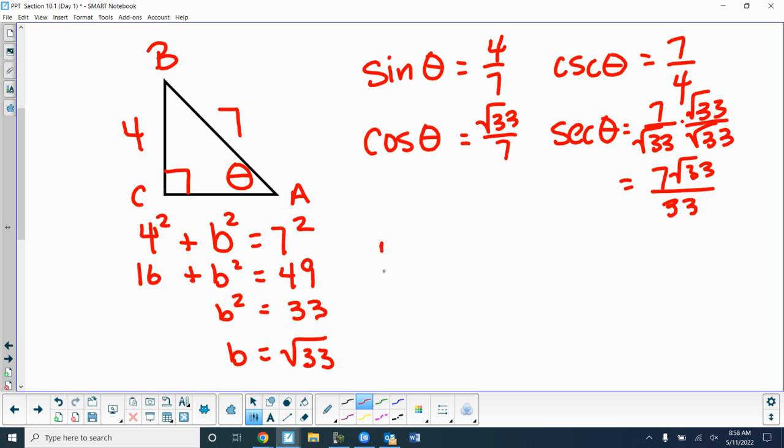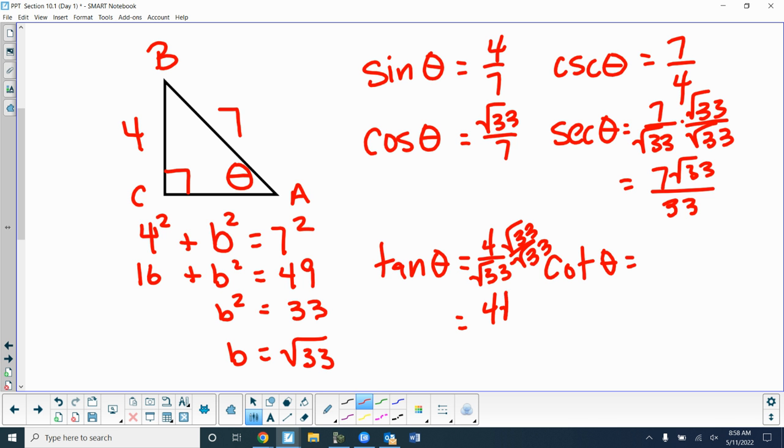And then tangent is opposite 4 over adjacent square root of 33. Oh, I gotta finish that, don't I? That can't happen, right? Not real. So it's 4 radical 33 over 33. What's cotangent?